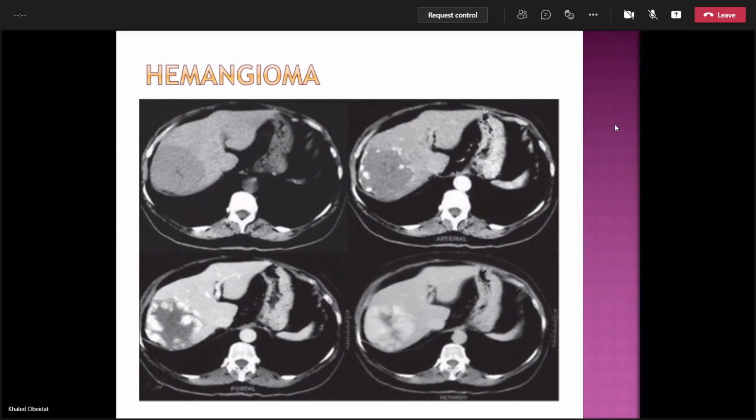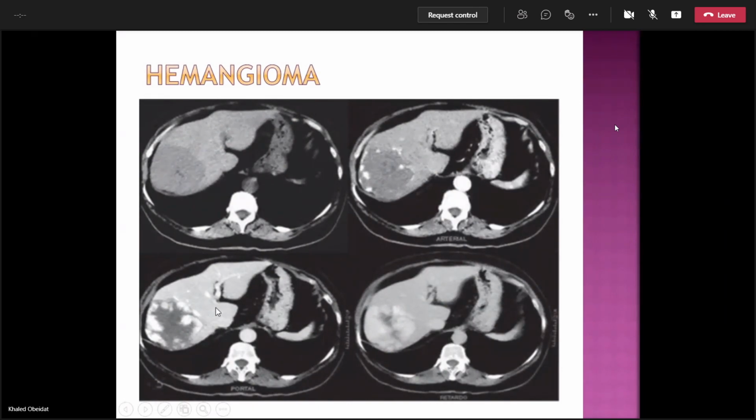In the arterial phase, as in this one, this is pre-contrast CT scan. And here we can see the contrast in the aorta. We say peripheral enhancement, so the edges of the lesion, which we think is hemangioma, there is contrast enhancement.